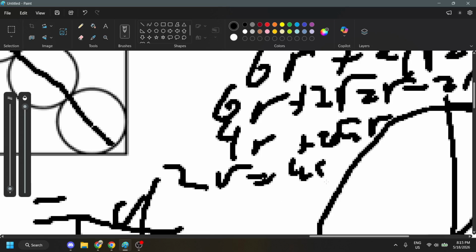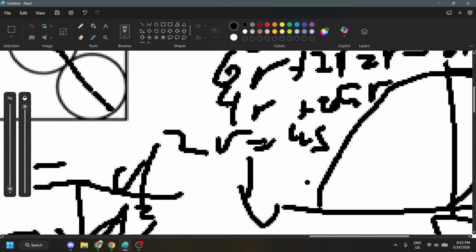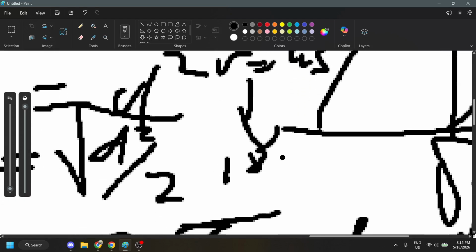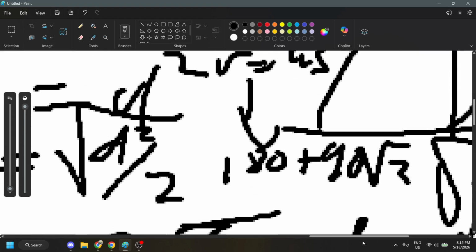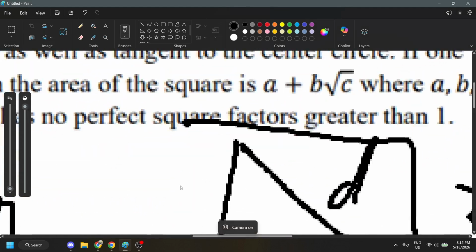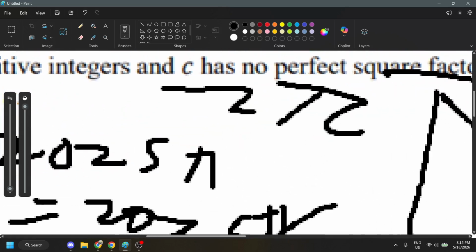R is equal to 45, so we are left with 4 times 45, which is 180, plus 90 root 2. Then we just need to add all these together.